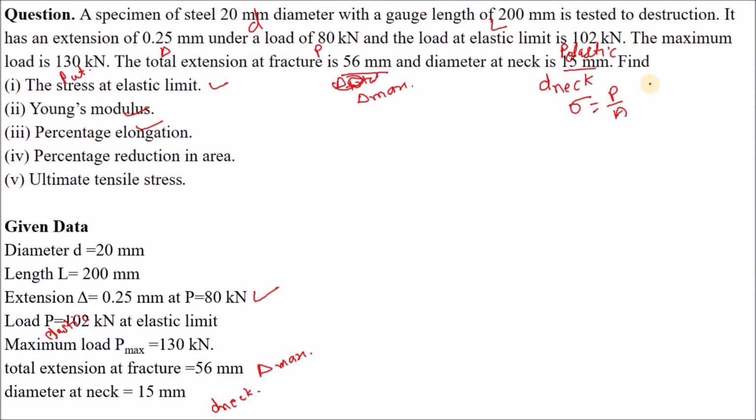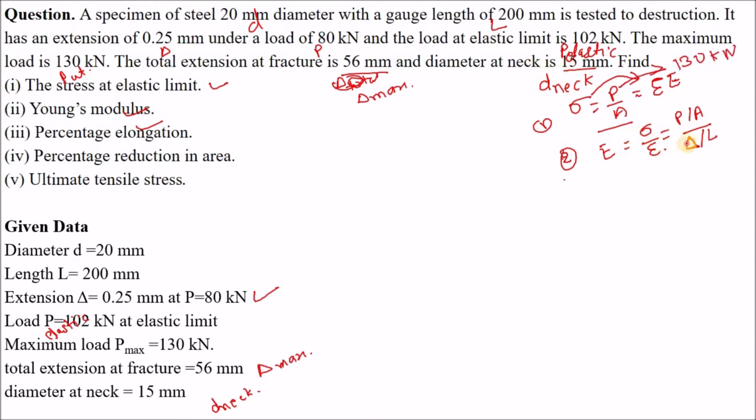Second, we know that stress equals epsilon E. We can use the first one to find the stress. For the second formula, we need Young's modulus, E equals sigma by epsilon, but we need to find epsilon. Here it is better to write epsilon equal to del by L.